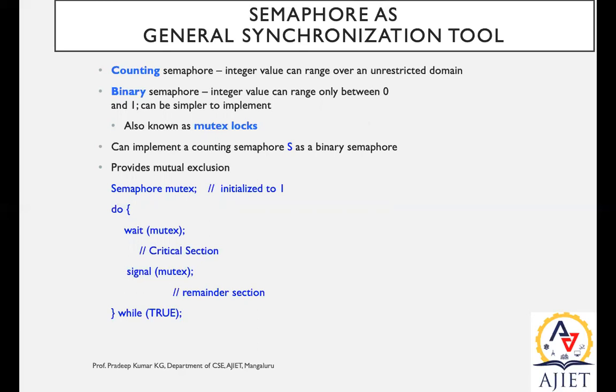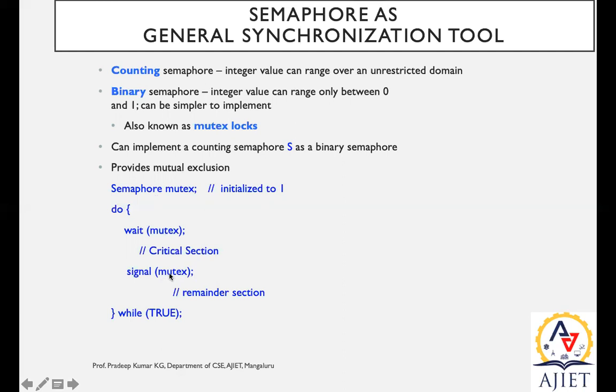So how to do that? We have a semaphore mutex, initialized to 1. A semaphore value is nothing but an integer. Whenever this value is 1, the process enters the wait state, meaning one particular process is in the critical section. Once it is done with the critical section, it continues with the signal on the same value.